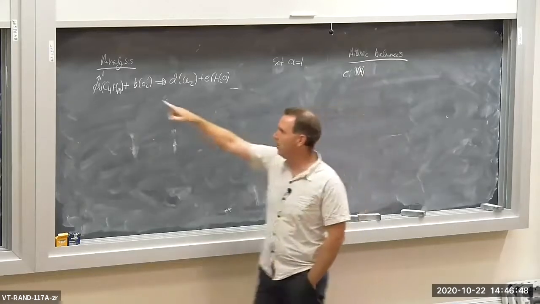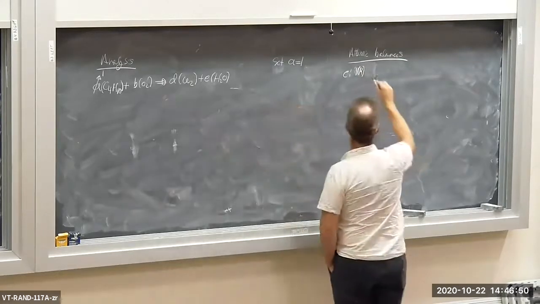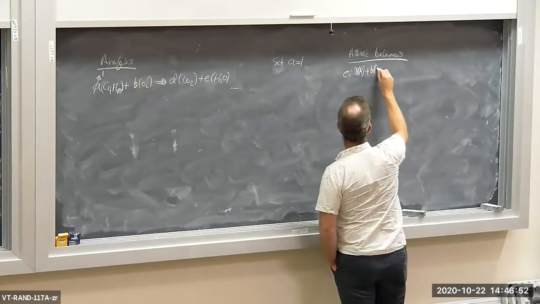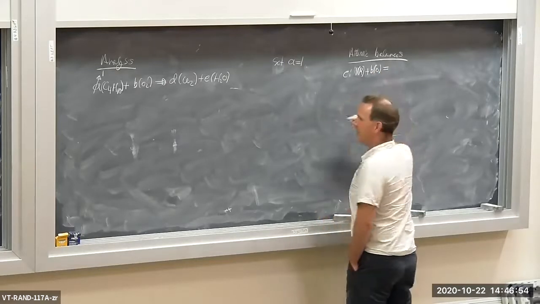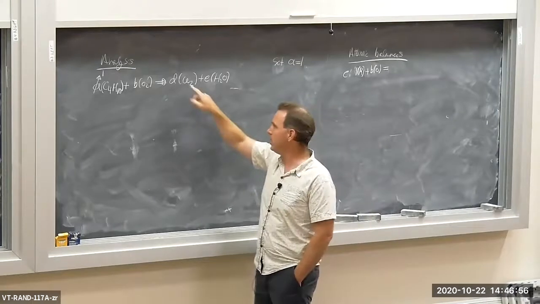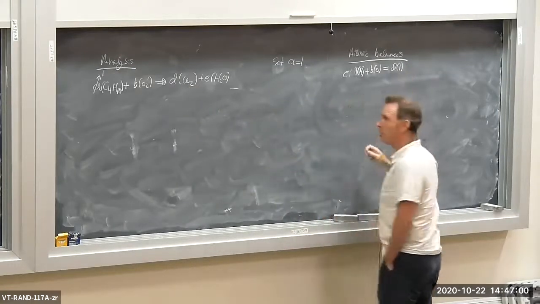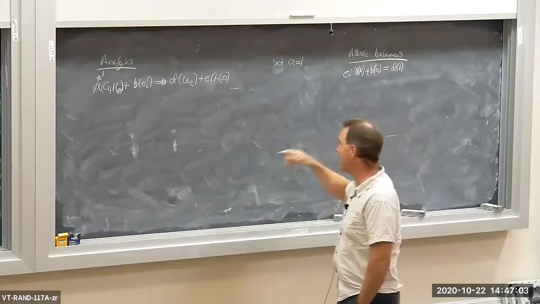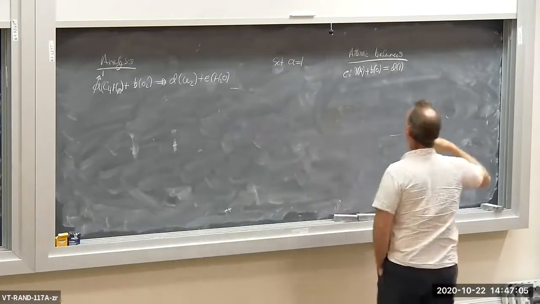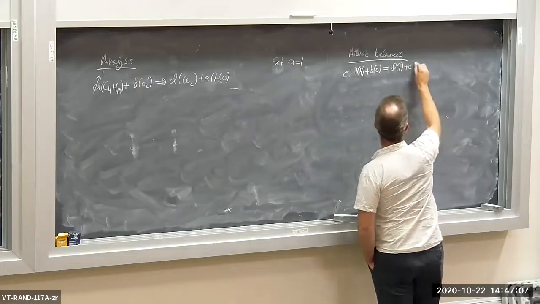I have no carbon in the O2, so I have B times 0. And that's equal to D times 1, 1 carbon atom per molecule of CO2, and E times 0. There's no carbon in H2O, so plus E times 0.